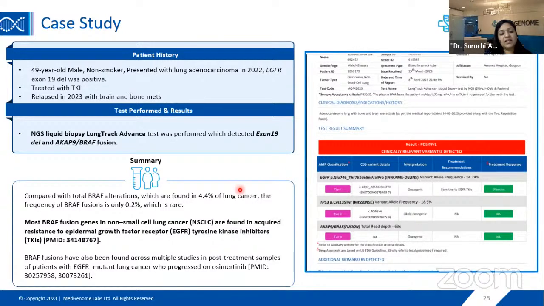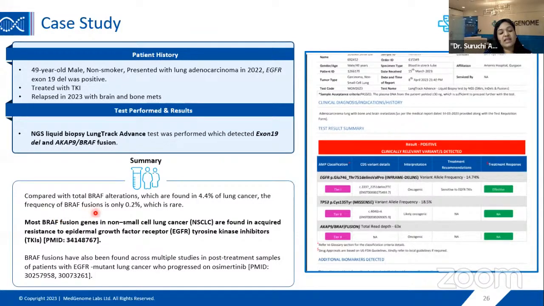Basically, this was another case where a 49-year-old male non-smoker presented with lung adenocarcinoma and was EGFR exon 19 del positive. TKI was administered, relapsed in 2023 with brain and bone mets. And as liquid biopsy test was performed, the resistance mutation that was found was ACAP9-BRAF fusion.